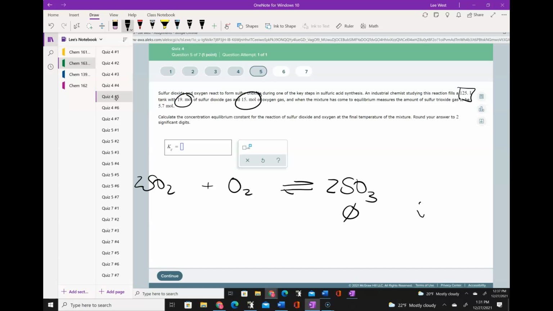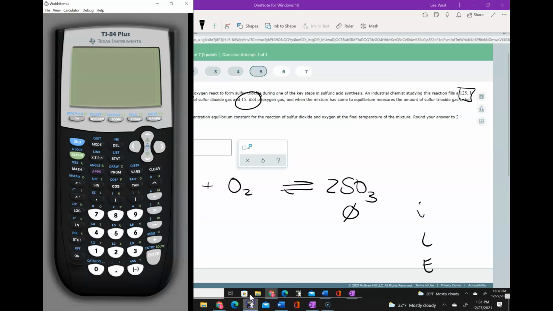So I'm going to write my initial change equilibrium on the right here because I kind of put that in a poor position. So let's go ahead and figure out our initial molarity of sulfur dioxide.